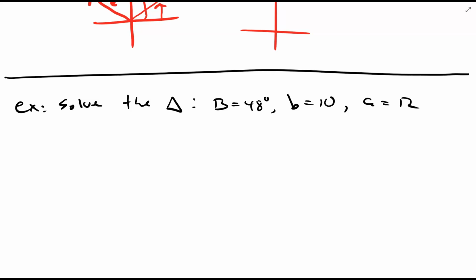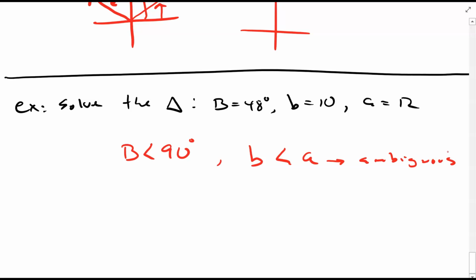First thing I'm going to do is analyze the information that's given to me. I'm given an acute angle, right? And the side opposite the given angle is smaller than the other side. So this is the ambiguous case. I'm going to have either 0, 1, or 2 triangles possible here.